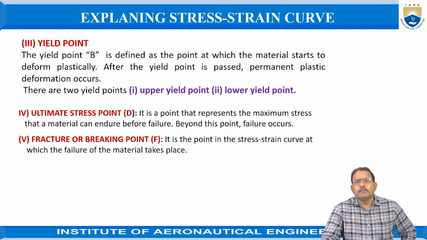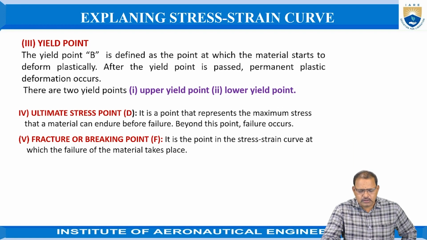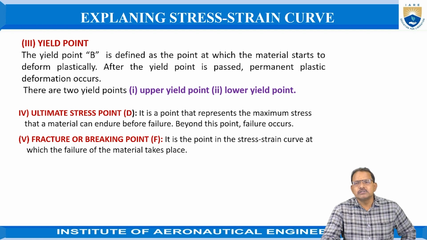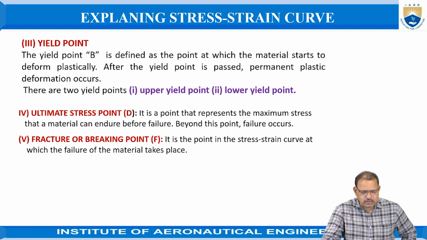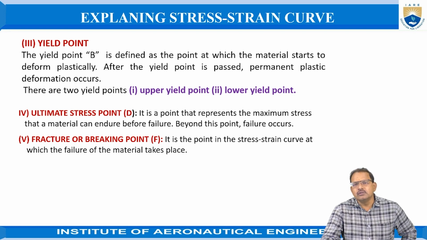There are two yield points, the upper yield point as well as the lower yield point. The C point on the curve is known as the lower yield point. Ultimate stress point, that is D, is the point which represents the maximum stress induced in the material when the load is applied on it.